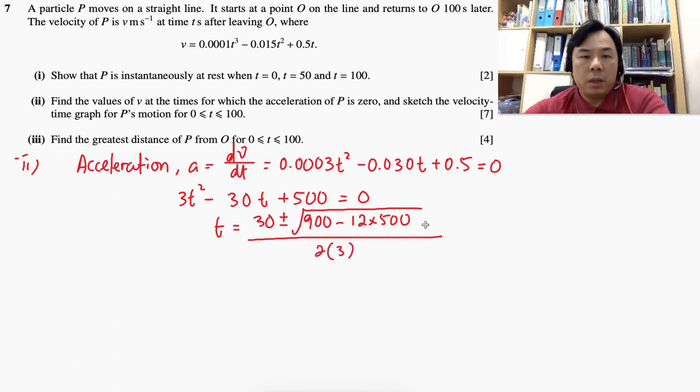I noticed that we are not able to solve that. Just let me check if I missed out anything here. Okay, so 4 here.